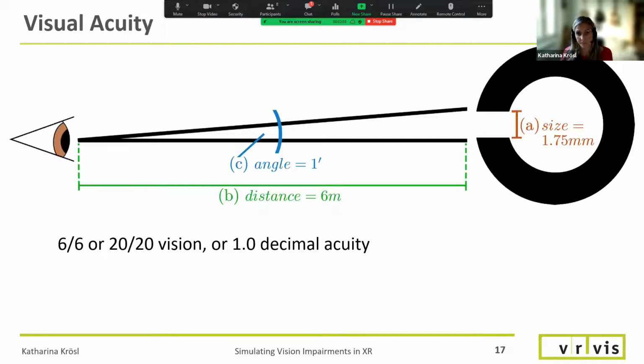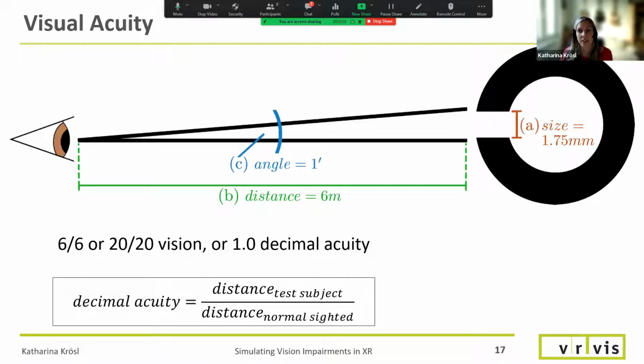Normal vision is also called 6/6 or 20/20 vision, or 1.0 in decimal acuity. Decimal acuity is calculated as the distance at which the test subject can recognize a small detail, divided by the distance at which a person with normal sight would be able to recognize the same small detail.